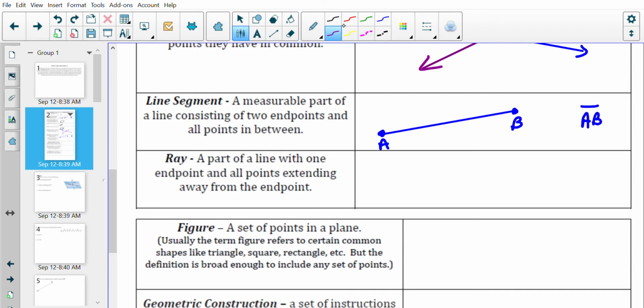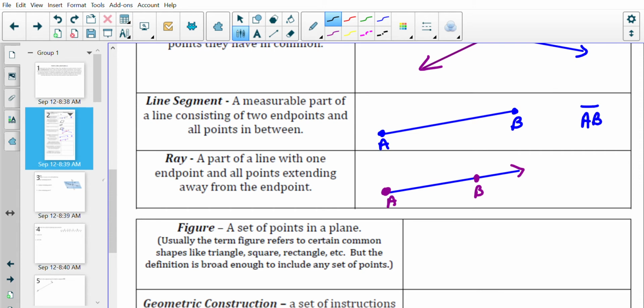And a ray. A ray is part of a line with an endpoint, and it extends away from the endpoint. So basically half of a line. So we start off, we have set endpoint A, we have point B somewhere on the line, and it continues off in that direction forever and ever.